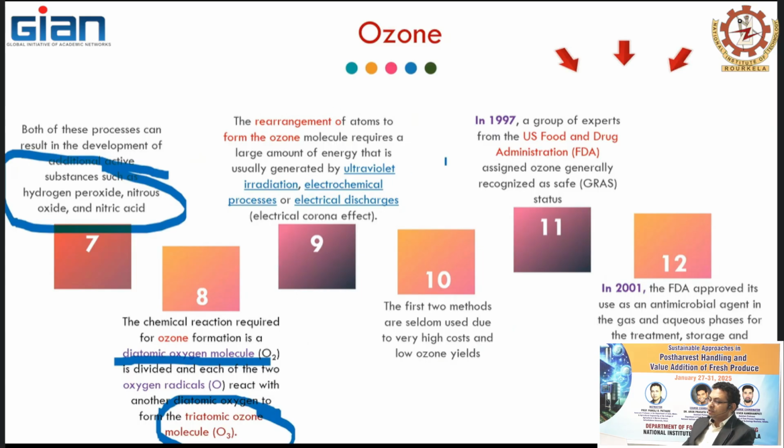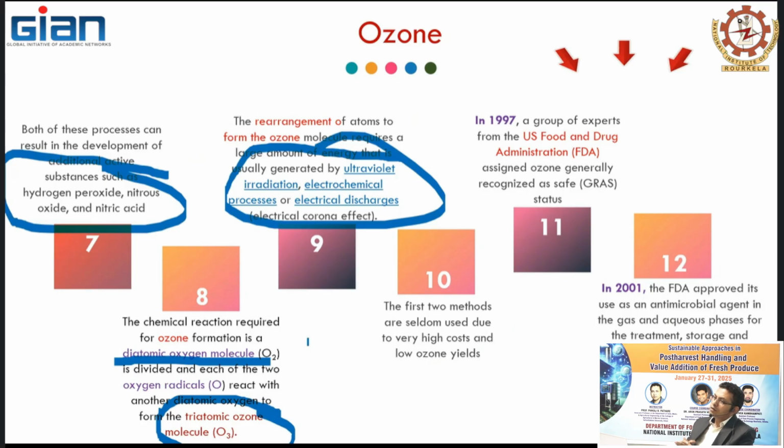That is obtained from electric discharge, an electrochemical process, or our electrical corona effect, to make that O3 here. These methods are commonly used, particularly the popular electrical corona effect, where the corona ozone generators are based on this.